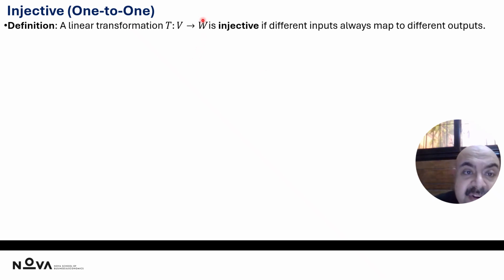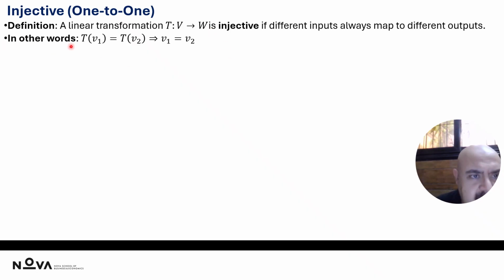So you will never find an output containing two sources from V. Once more, if you have different values in the input, they will be mapped into different images after the transform.